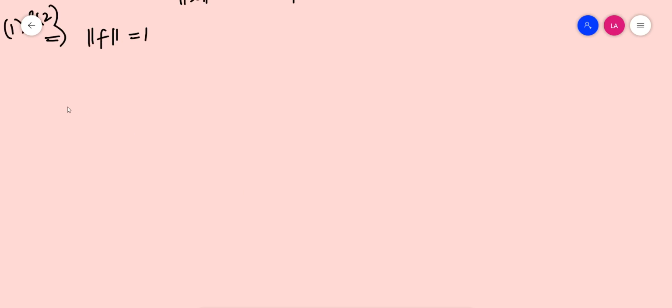Next, example 5. On L2, we can define a linear functional.